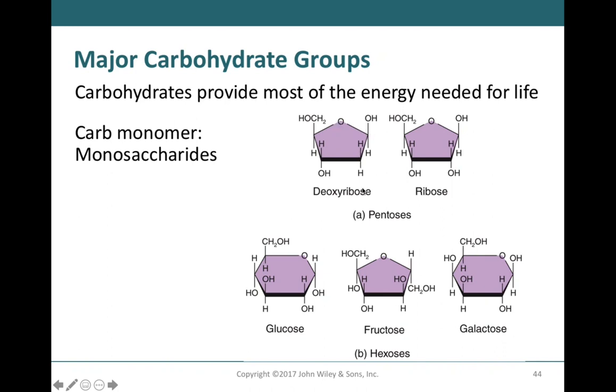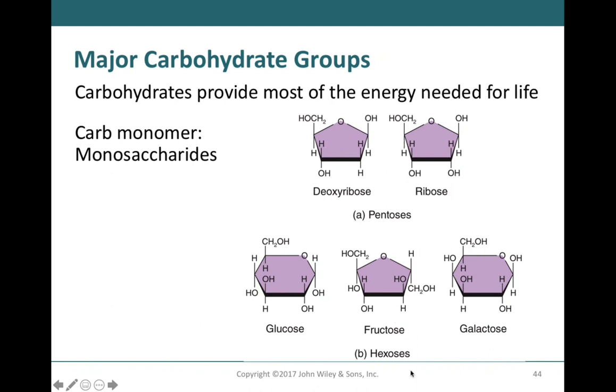We're not going to get into the organic chemistry of why this molecule looks this way, but what I'll tell you is that each corner stands for another carbon. So you can see that there are 5 carbons in deoxyribose and 5 carbons in ribose.